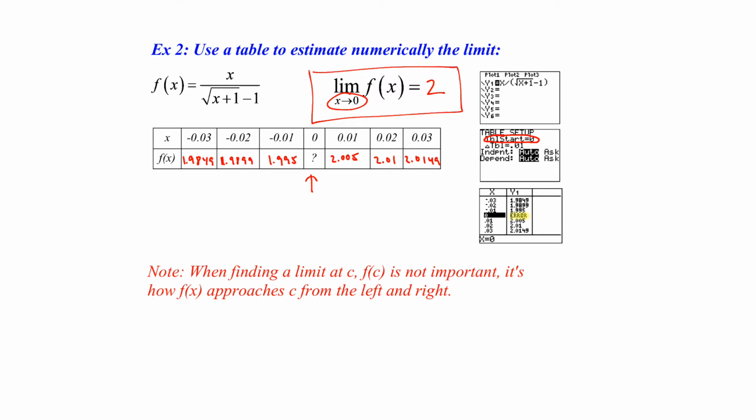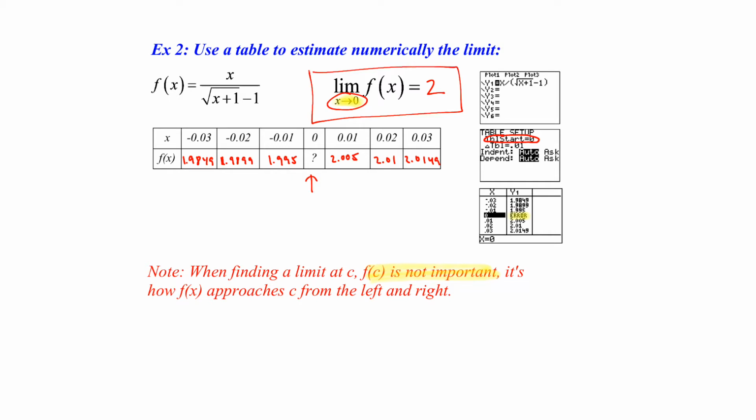So when finding a limit, I'll say it again because it's very important: when finding a limit at c, f of c is not important. It doesn't matter what's happening at that value, or at x equals 0. It's actually an error, but it doesn't mean the limit doesn't exist.